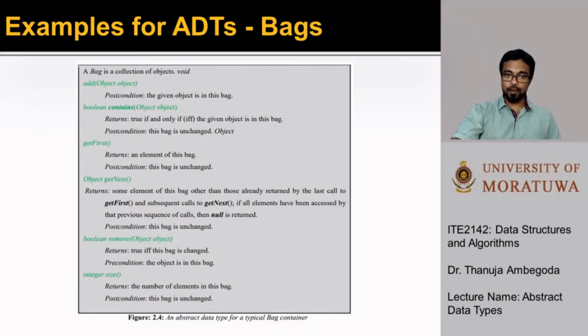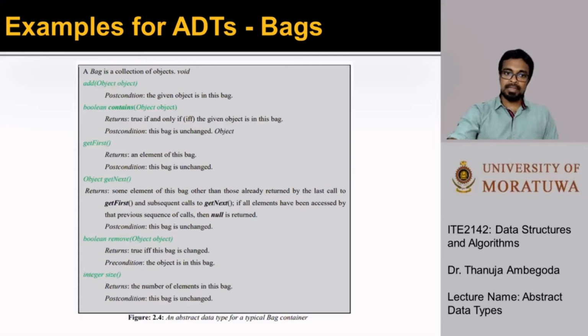Then we have the remove object method. It returns a Boolean type. It returns true if you can successfully remove an object, and it returns false if that object is not in the bag. Then you cannot remove that object which is not in the bag. The post condition is that the object is removed from the bag.